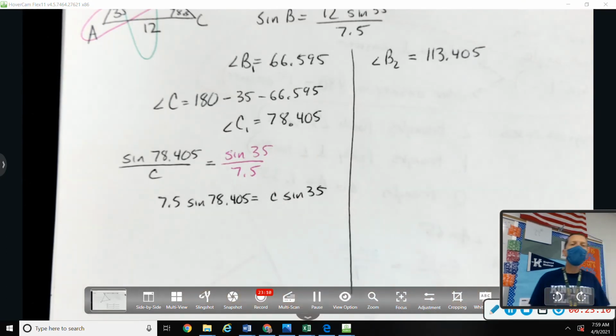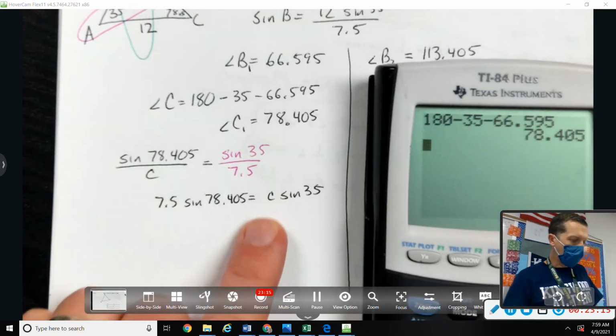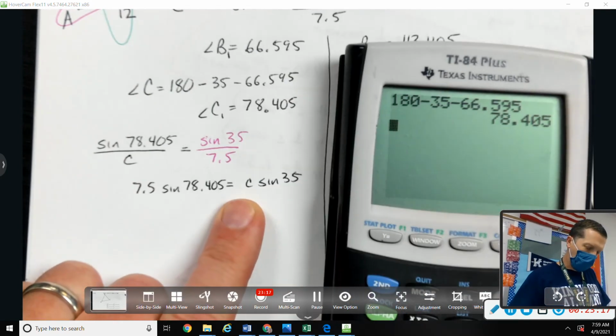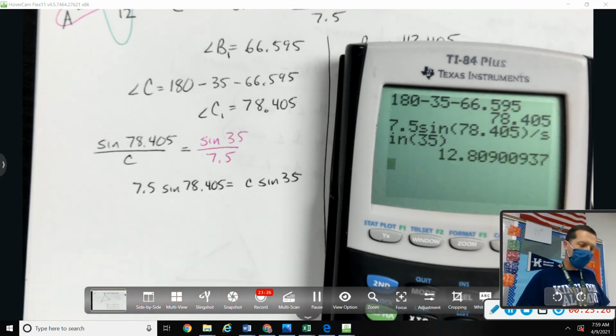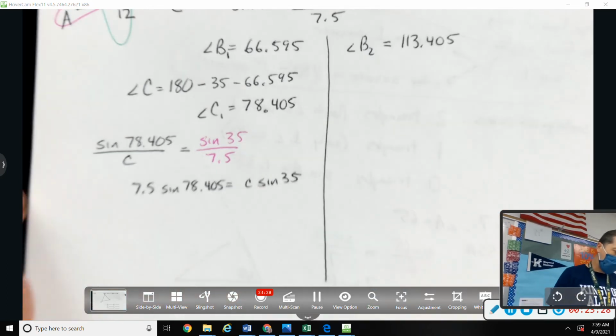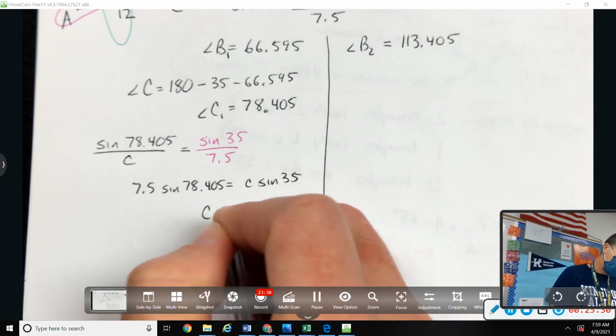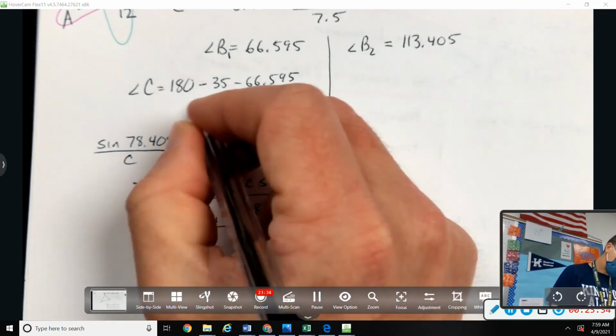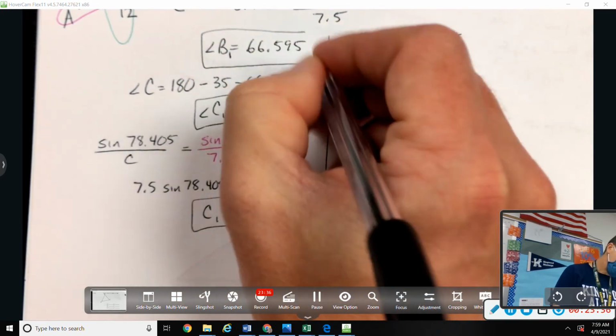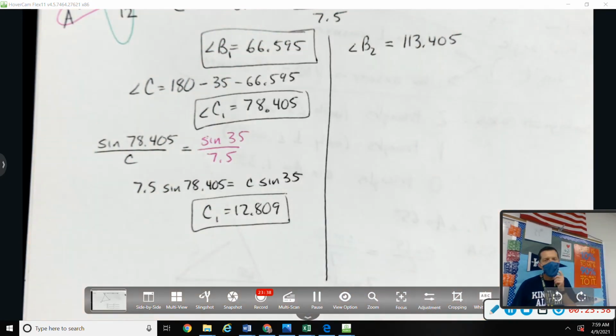Others of you are going to show even one more step to get C by itself. I'm not going to because I think we're okay from here. So C is 12.809, side C. So there's option 1 for that triangle.